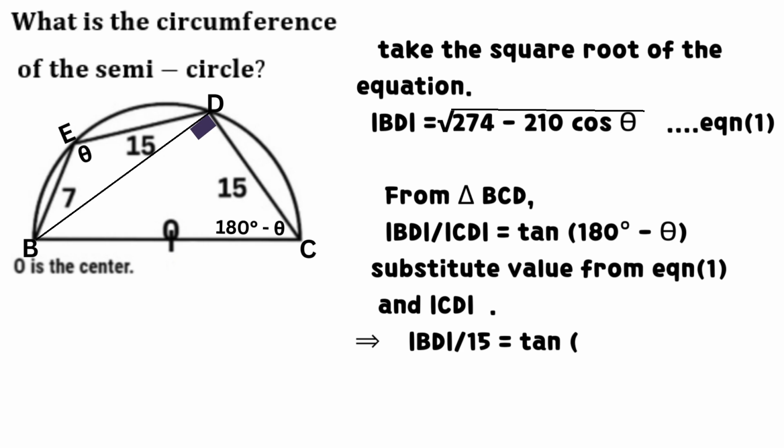From triangle BCD, line BD divided by line CD equals tan of 180 degrees minus theta. Substitute the value from equation 1 and line CD. It follows that line BD divided by 15 equals tan of 180 degrees minus theta.